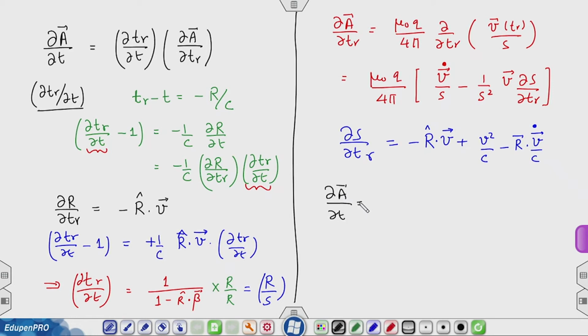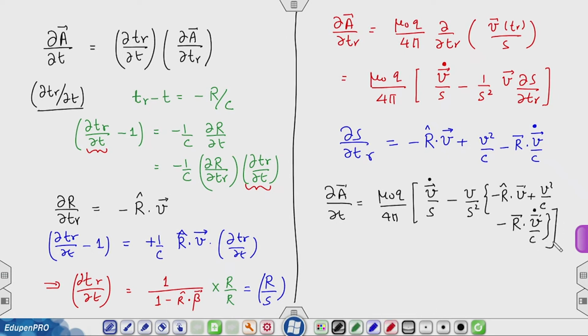So, we have all the terms now to obtain dA dt, and that gives me dA dt is equal to mu 0 q over 4 pi. Inside I have v dot over s minus v over s square times minus r unit vector dot v plus v square over c minus r dot v dot over c times r over s.